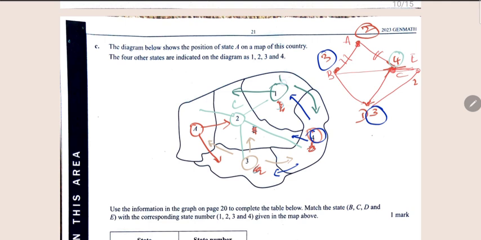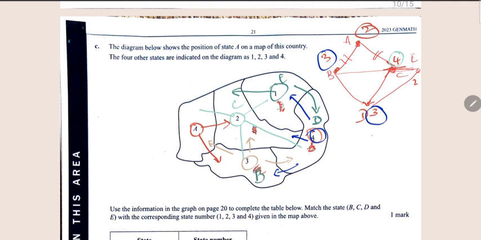So that tells me that 1 is E. And E has connections with C and D. So if E has connections with C and D, that we've already got C over here in the diagram, so that implies this must be D. And if that is D, the only alphabet that we have left which we haven't got is B, and B is also 3, and that is B.